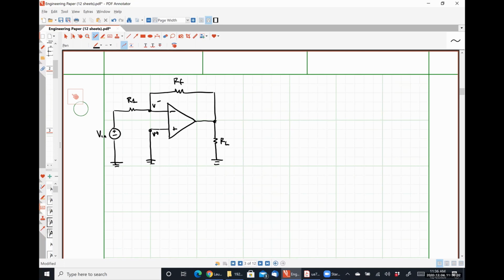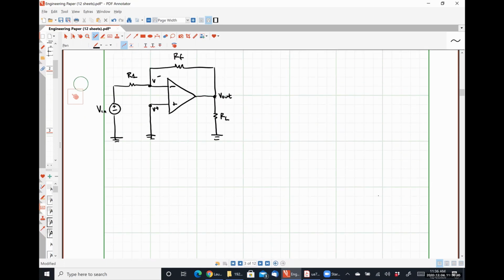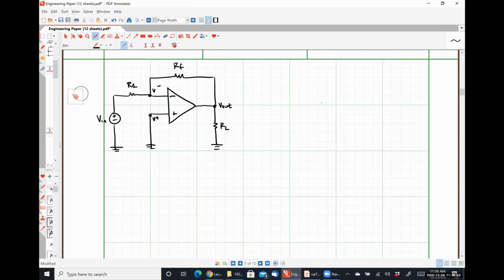Here's the voltage present at the non-inverting input terminal. And here is the voltage present at the output terminal. So our goal is to redraw this so that we could do some analysis. Just for the sake of argument, let's actually go through the steps and do some analysis here.